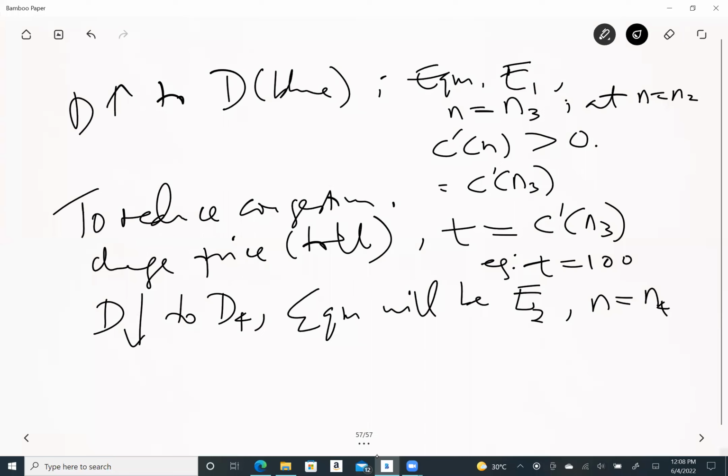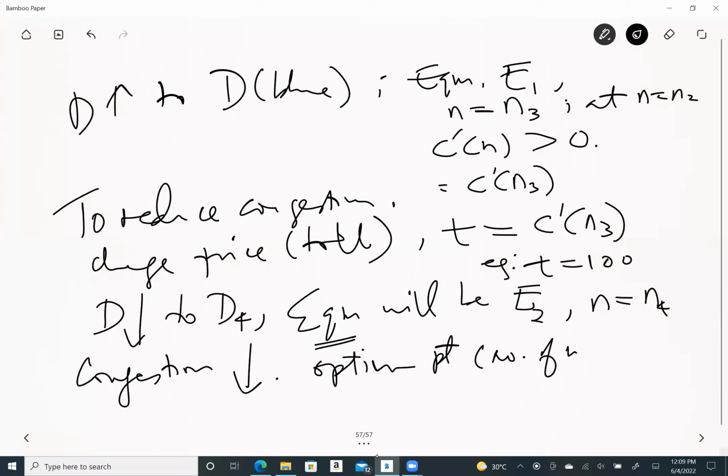So congestion will be reduced, and the new optimum point, or number of users, will be N4. By charging the toll, it's efficient because it will reduce the externality, the congestion.